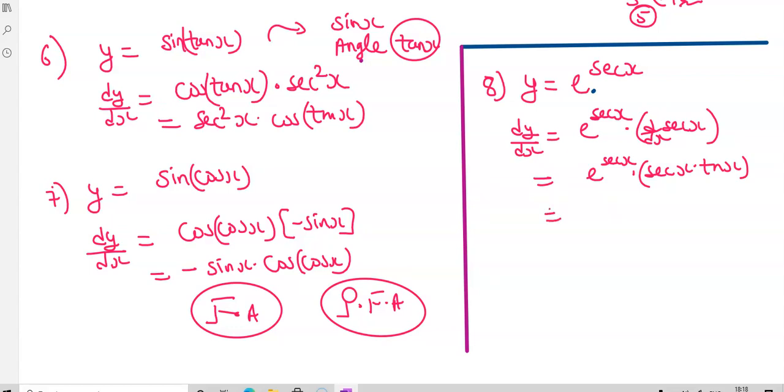This is how we get this answer. You can write it like this also. It is 10x into... this is how we come across this kind of answer.